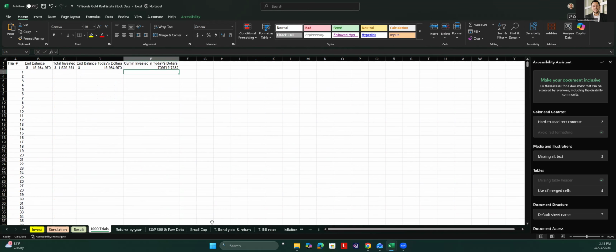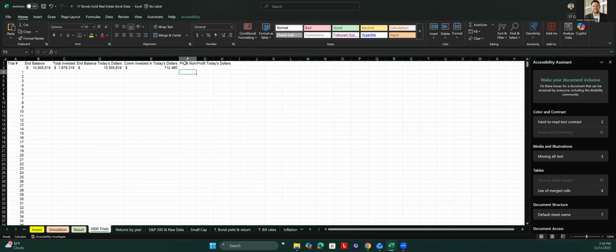So now we can calculate the projected profits at the end of year 50: profit nominal, which is not today's dollars but year 50 dollars, and profit in today's dollars.